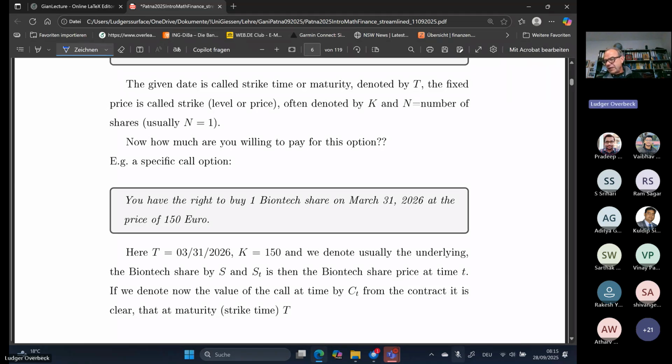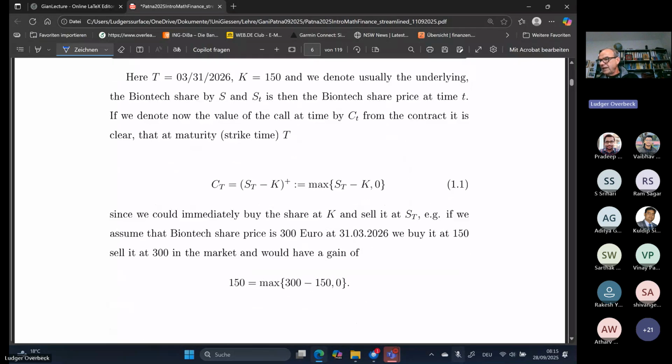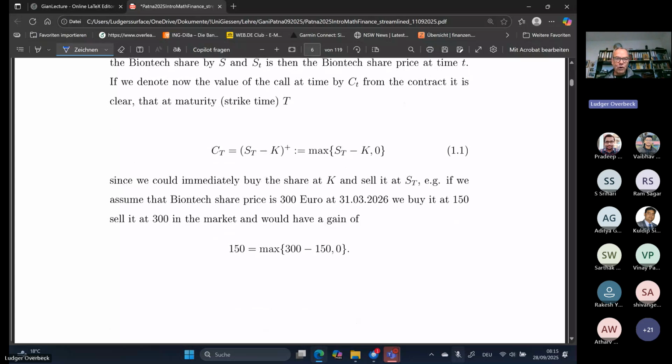What is only interesting for us currently is, of course, only the strike time capital T. And then the mathematical formula for this cash flow of the call option is a payout. It's a function of the final price S_T. Namely, it's the maximum. Why do you write this as a cash flow?